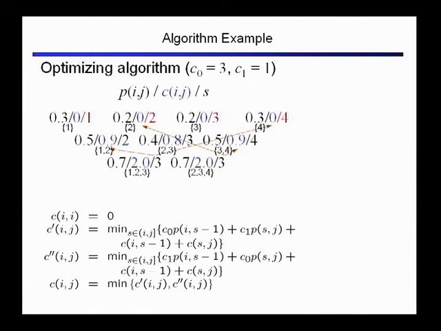Then for these values, I have to figure out which of my two choices is best. So I go to my two possible choices for each of these and calculate similarly until at the end, I get what my optimal performance is, which is 3.6. I didn't tell you what units I'm using. Perhaps I'm using cycles. If it's 3 to 1, I'm probably using groups of 2 or 3 cycles.